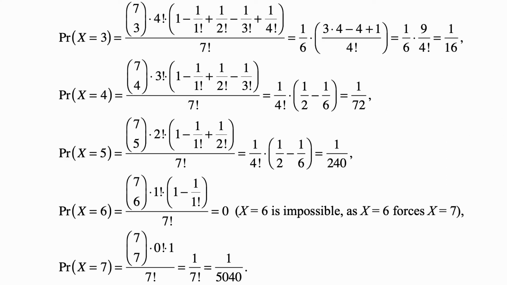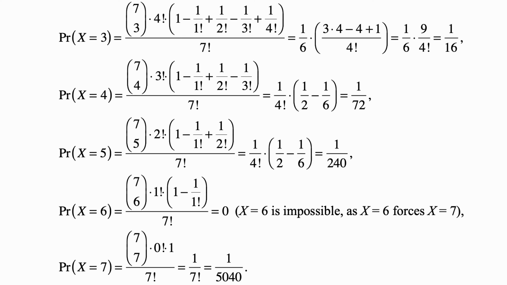Probability that x is 3 is 7 choose 3 times 4 factorial times 1 minus 1 over 1 factorial plus 1 over 2 factorial minus 1 over 3 factorial plus 1 over 4 factorial, over 7 factorial. This ends up being 1/16. Probability that x is 4 is 7 choose 4 times 3 factorial times 1 minus 1 over 1 factorial plus 1 over 2 factorial minus 1 over 3 factorial, and the whole thing divides by 7 factorial.